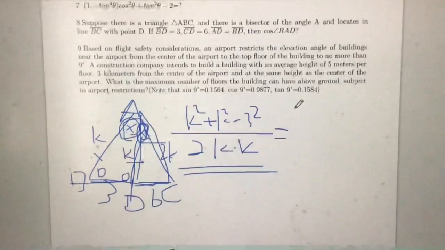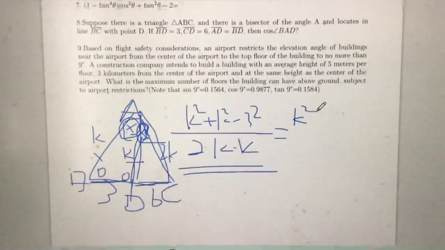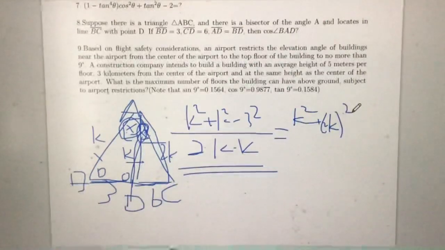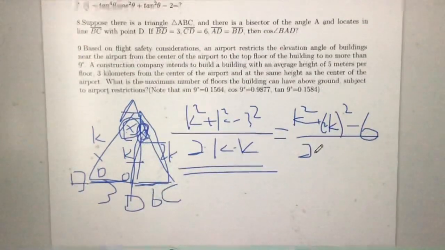So we just get that k squared plus 2k squared, and we minus 6, okay, and the denominator is 2 times k times 2k, right?